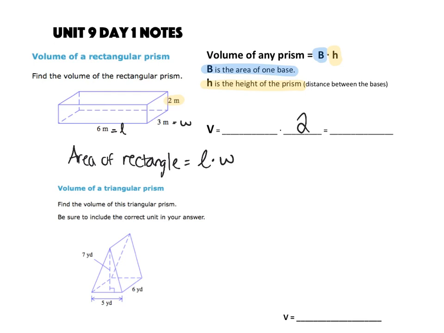Therefore, the area of the rectangle is 6 times 3, which is 18 meters squared. So that 18 is going to be plugged into our equation for volume. The volume of the rectangular prism is 18, the area of the base, times 2, the height, which is 36 meters.